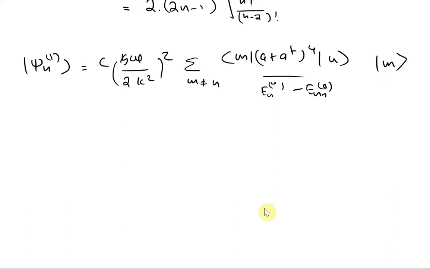This is going to be c h cross omega square divided by 2k square, that is a constant, and the first term which is coming is from the n plus 4 term, right? So that corresponds to the state n plus 4. Just write the number whatever we got.